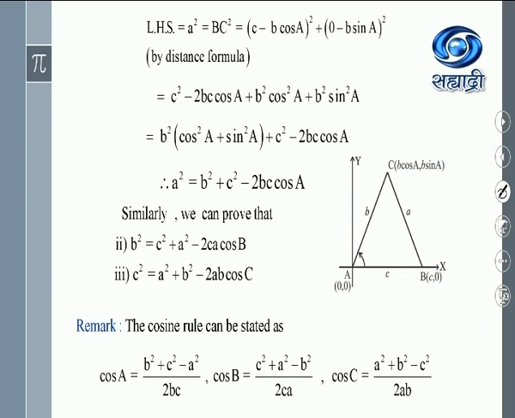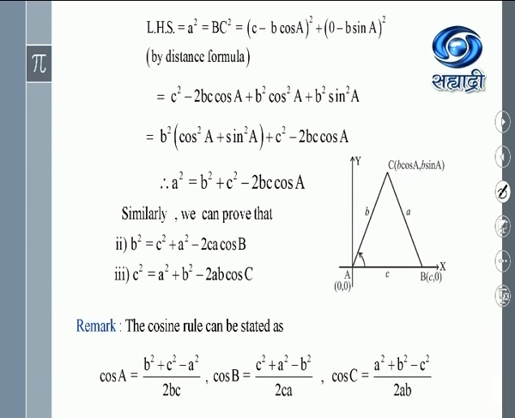Okay. Now one more rule is left, and that is the projection rule. But before that, the different forms of the sine rule and the different forms of the cosine rule you will have to remember. Once again we recall, a upon sin A is equal to b upon sin B is equal to c upon sin C is equal to 2R.